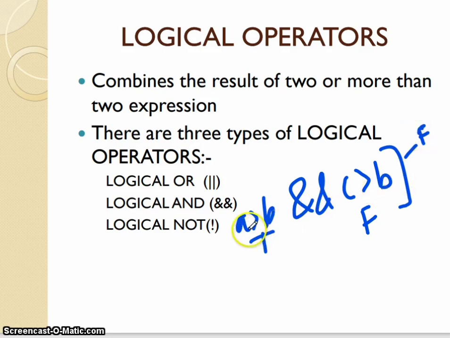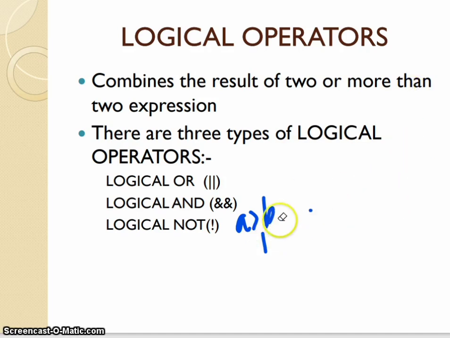It means that both the conditions should be satisfied to make the overall expression true. If a is greater than b is true, and c is greater than b is true, then only the whole condition becomes true.